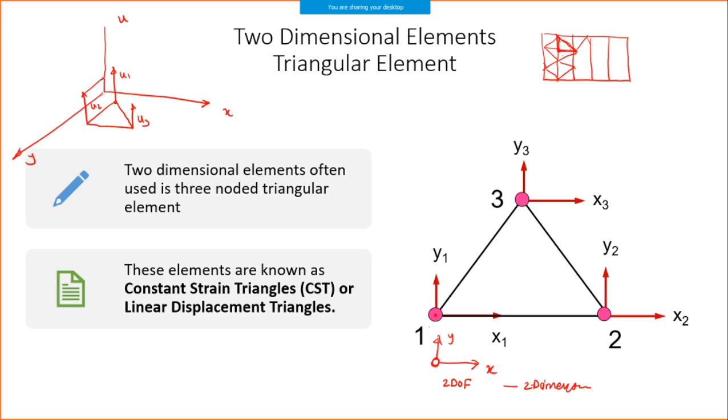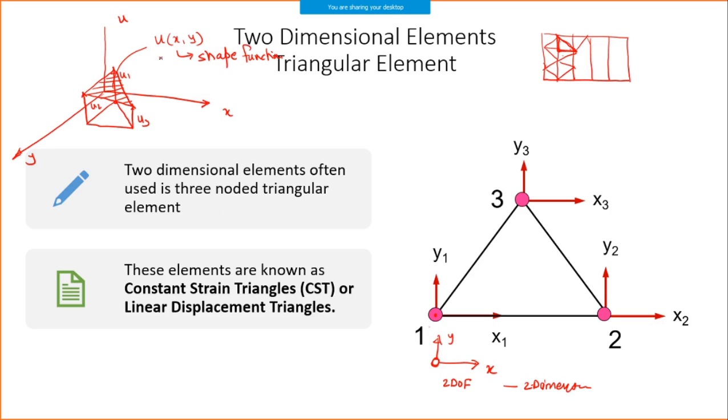When I join these three points, I get a certain shape, and that shape is called a displacement field. This will have an equation. This u is varying with respect to x and y, and this is called the shape function for a particular element. So this is the shape function for a triangular element.